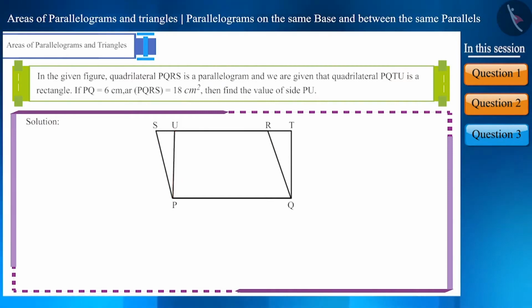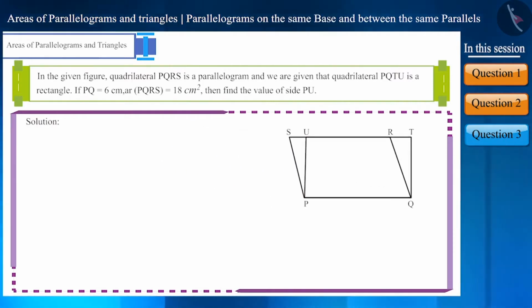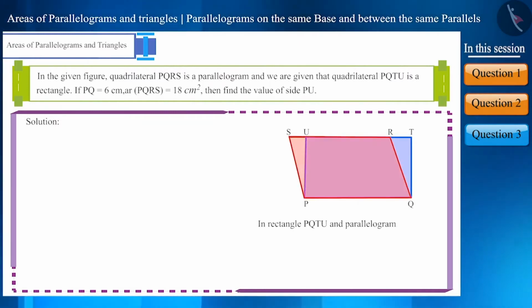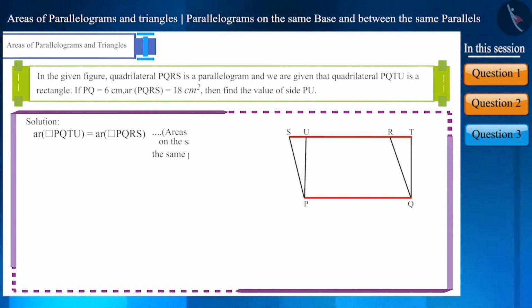Let us see the solution for this. We know that PQTU is a rectangle and a rectangle is also a parallelogram. Here, rectangle PQTU and parallelogram PQRS lie on the same base and between the same parallel lines. Therefore, their area will be equal.